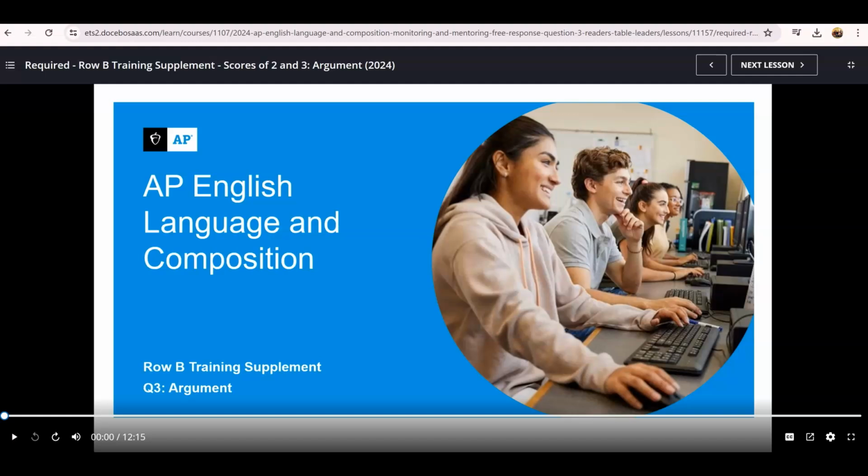The simplistic, repetitive commentary leads to a weak line of reasoning. No clear explanation is given as to how these two protests have plentiful power to make change. For all of these reasons, the response received 2 points in row B.